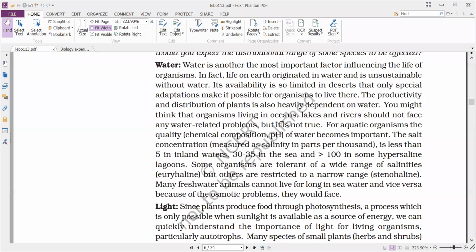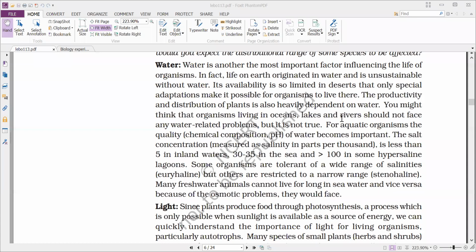That means lower water potential. So the water will continuously come out of the body of the organism which is living in marine water. So as a result, the organism becomes dehydrated.